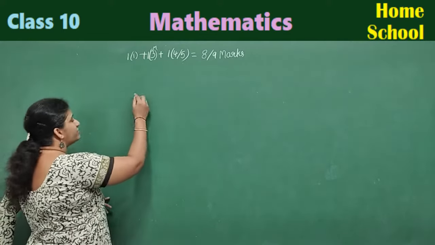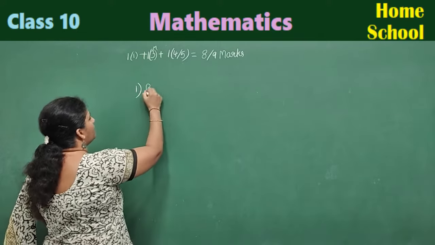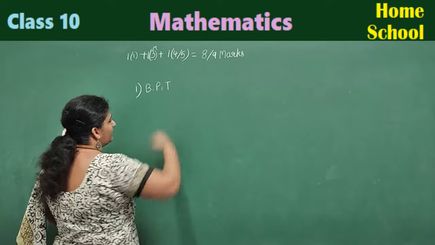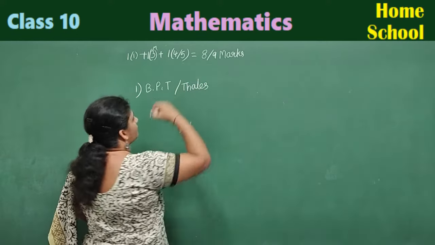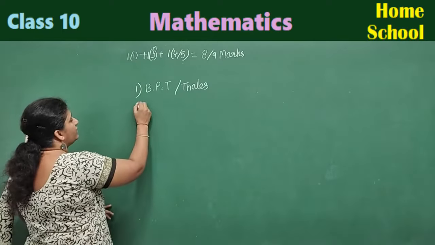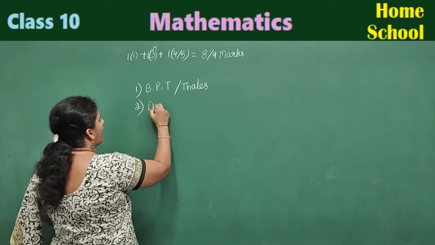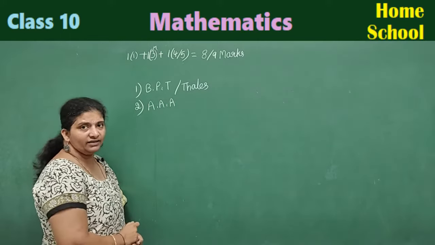So what are the theorems we can expect here? First one, basic proportionality theorem, B.P.T, or Thales theorem. Second one, angle similarity criteria theorem.